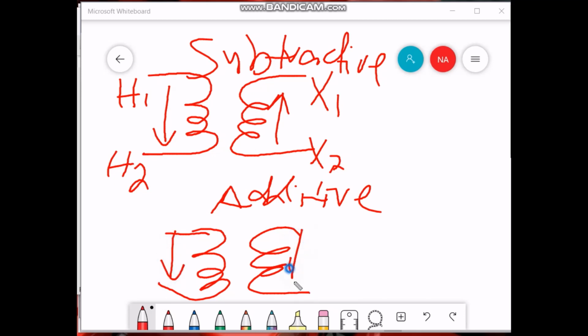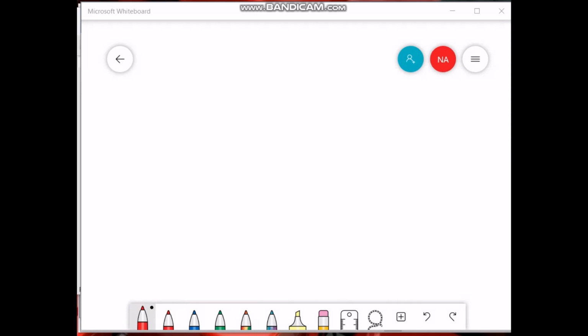This way and this way, the polarities are in the same direction, so that there is an addition of voltages. So in that case, this would be X2 and this would be X1, the opposite case of subtractive polarity. So that's it.